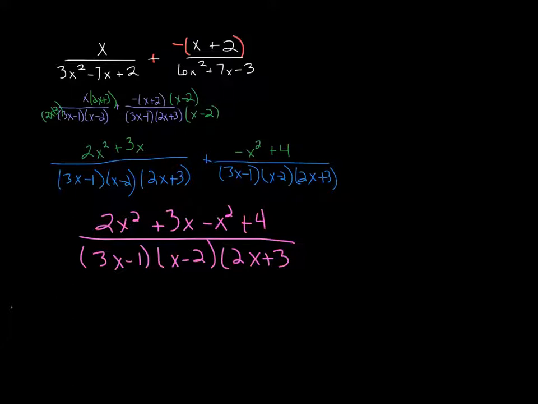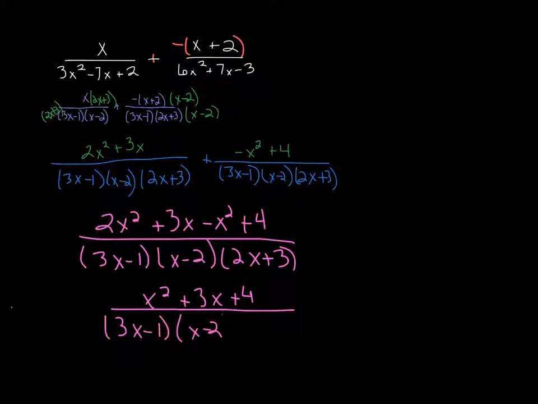Then combine our like terms. 2x squared minus x squared is x squared plus 3x plus 4 all over 3x minus 1, x minus 2, 2x plus 3. Okay, and check to see if your numerator can be factored. Here a times c is 4. You get 1 times 4, 2 times 2. Neither of those add to equal 3. So since that can't be factored, there's nothing else we can do to simplify this fraction.